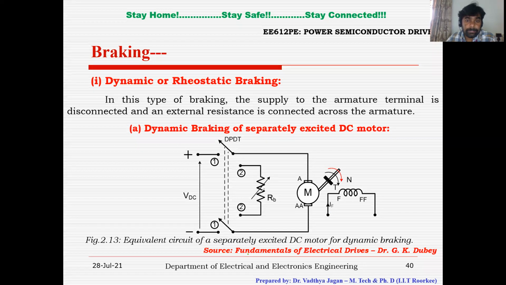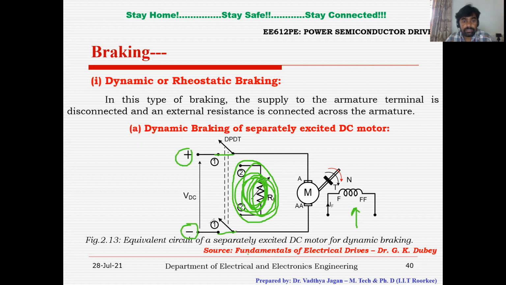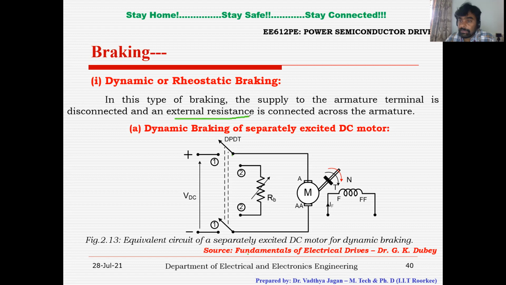If you don't have this external resistance RB, it is just like a separately excited DC motor, where the field winding is connected to a separate DC source and the armature winding is connected to the VDC positive and negative terminals, right? In dynamic braking, we disconnect the armature terminal and connect it to the external resistance RB.